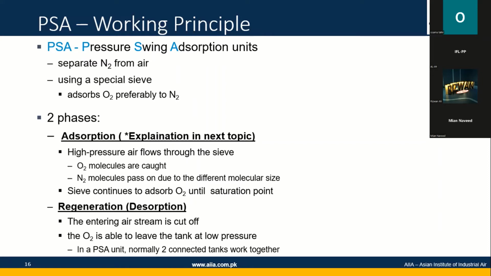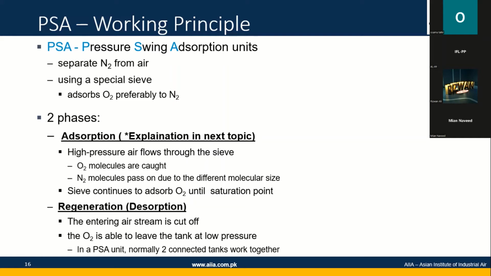When the capacity for absorbing further oxygen is finished, the process gets halted, and the supply of compressed air stops, and at low pressure the carbon molecular sieves release the oxygen molecules to the atmosphere, and the same process starts in the second tower. That is the regeneration process.